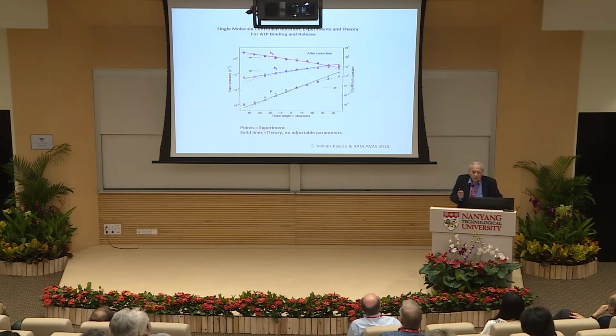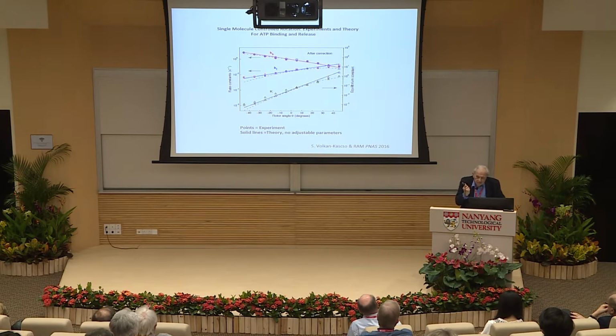Those experimental points are the dots. The theoretical curves, in which we use other data, not these data, but other data to make the calculations, to evaluate the things in the theoretical expression, are the straight lines. So that type of agreement, no adjustable parameters, okay?